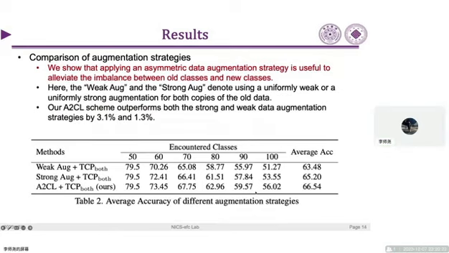We also show that applying an asymmetric data augmentation strategy is useful to alleviate the imbalance between old and new classes. As we can see, when applying the A2CL, our average accuracy is larger than any others.